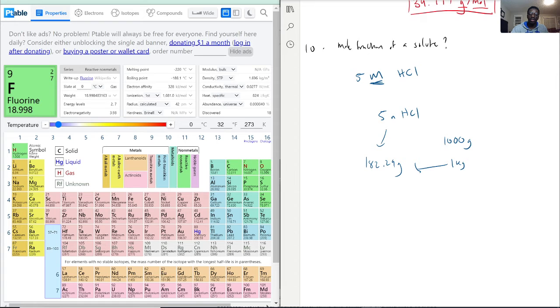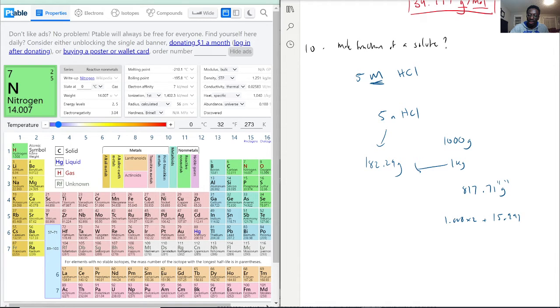So if we subtracted that, we have 817.71 grams technically, because we're assuming standard temperature and pressure, of water. Okay, and water is oxygen and 2 hydrogens, so that's 1.008 times 2 plus 15.999, and we get a molar mass of 18.015 grams per mole.